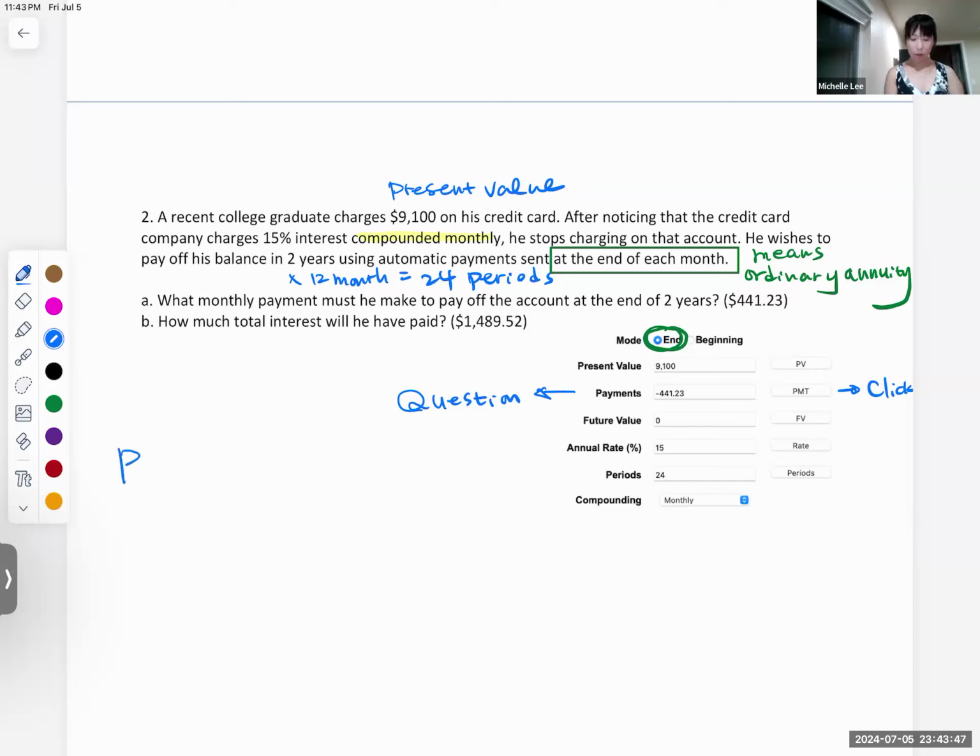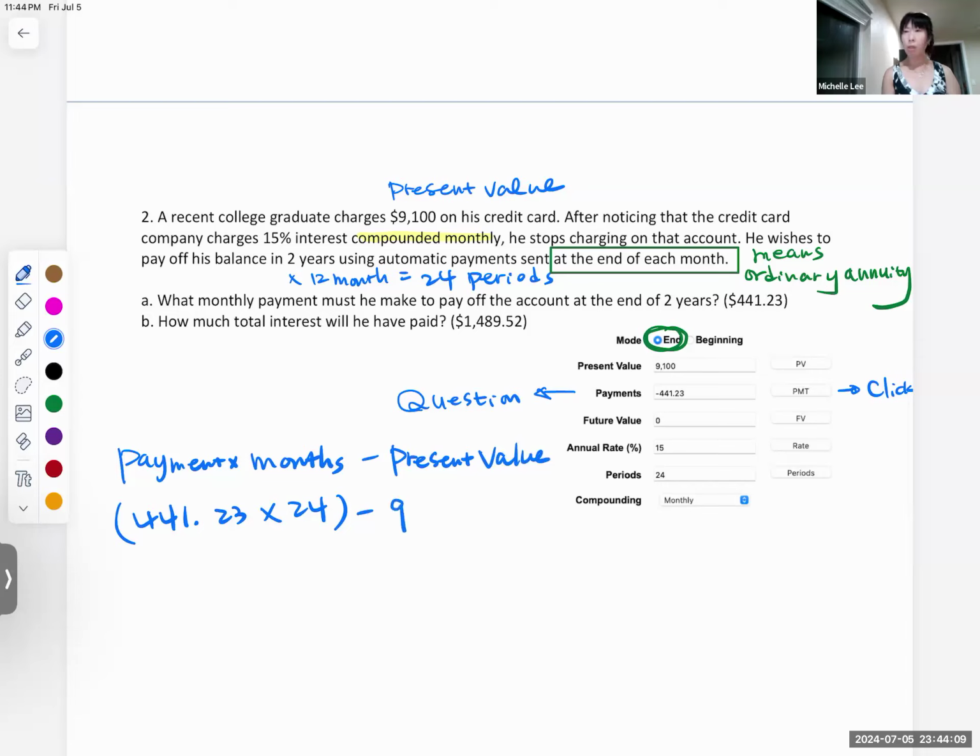Payment times months, so 441.23 times 24, and the present value, which is 9,100. We calculate, we get 1,489.52.